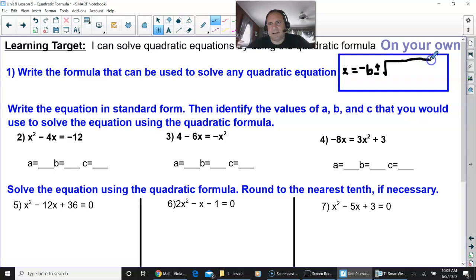Let's see if I can write that. Oh yes. B squared. Minus 4 times A times C. It's not the end of it. It's pretty bad.